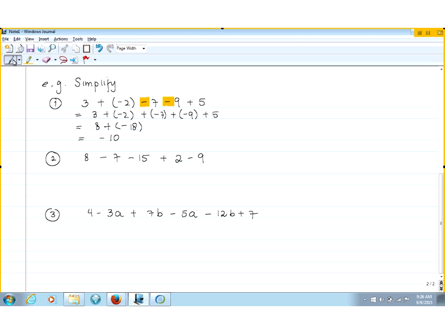All right. So we will write all the subtraction as addition with the opposite. Yeah.